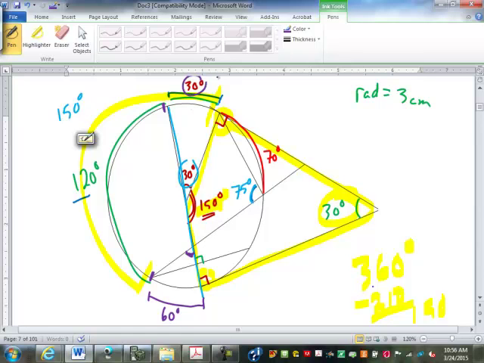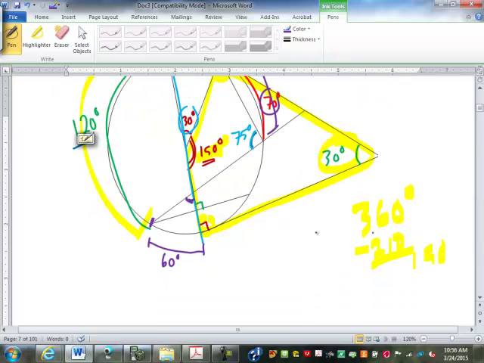This arc over here, we got 30 and 70 makes this one a total of 100. So that angle is going to be 100 plus 60 divided by 2, which is 160 divided by 2, or 80 degrees for EHF.